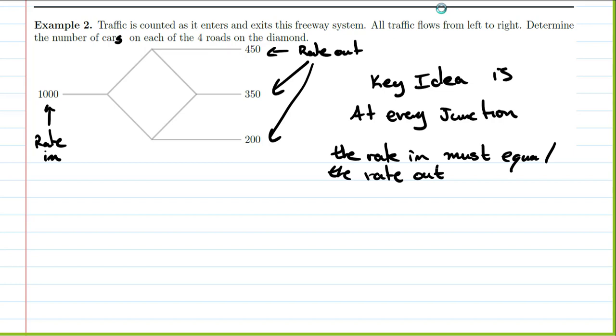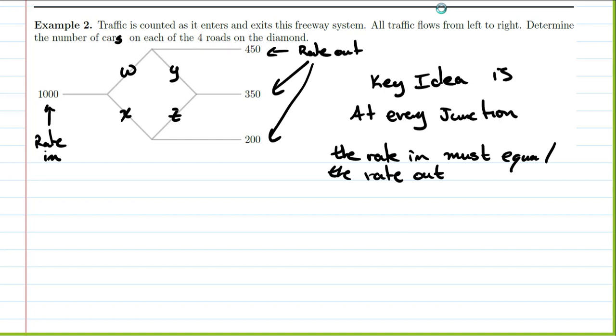All right, so our goal then is to determine the number of cars on each of the 4 roads in the diamond. I need 4 variables. So let's go with W, X, Y, and Z. I mean, you can use any letters you want, but those are the 4 I'm going to pick.